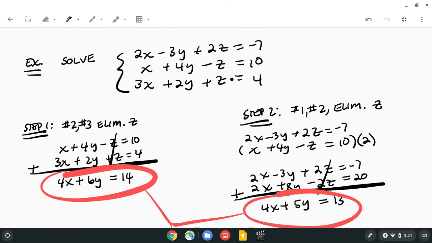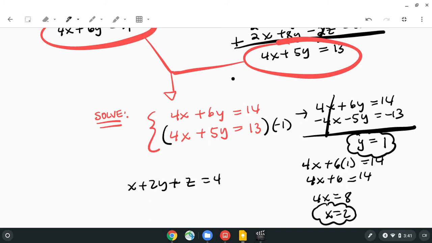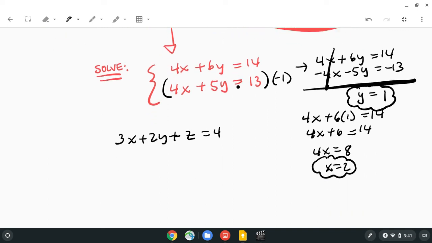Hold on. 3x plus 2y plus z equals 4. Okay. All right. So I'm going to use that one.